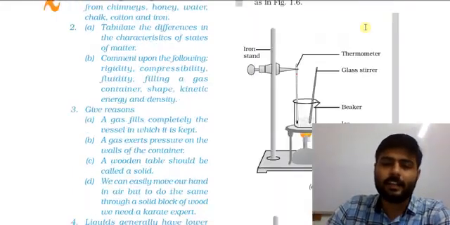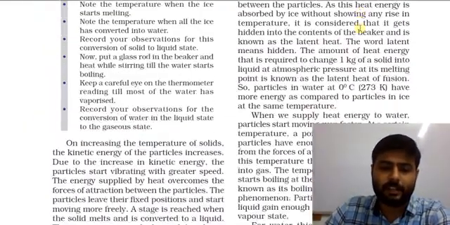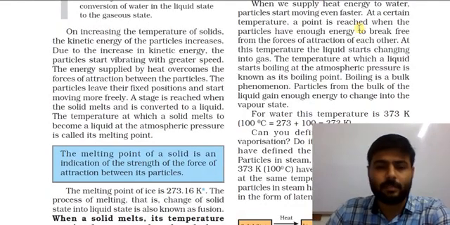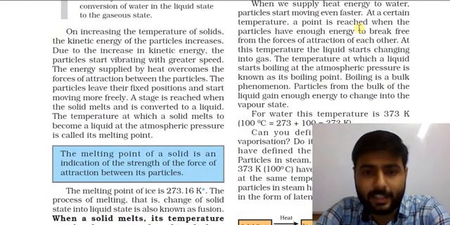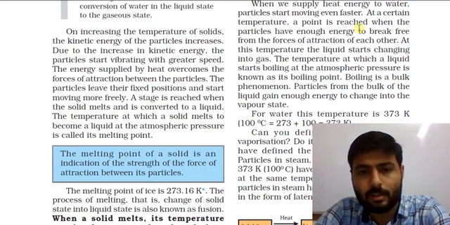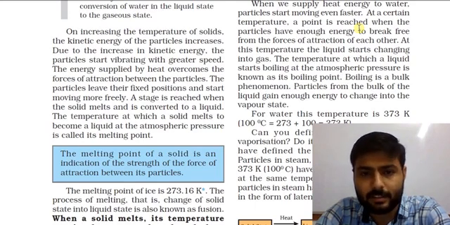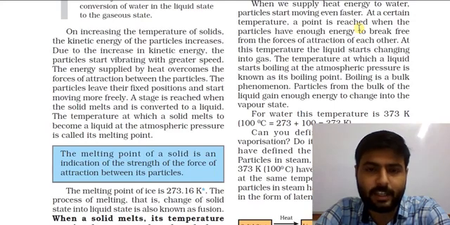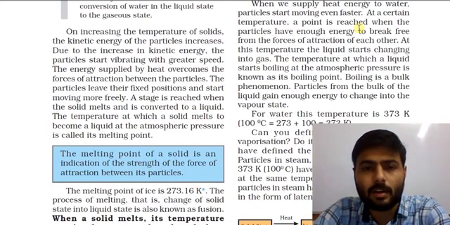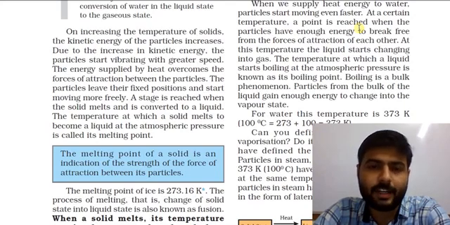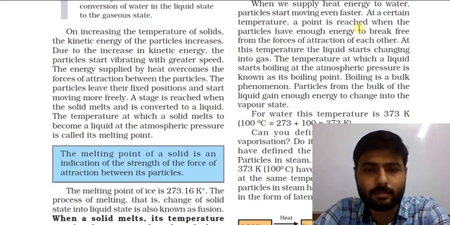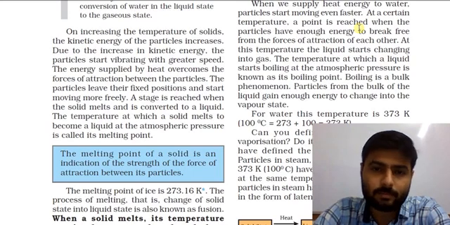and in that experiment we have seen that the temperature is 0 degree centigrade until the whole ice converts into water. So we have seen that there is 0 degree temperature until all ice melts. After that, if we continue to supply heat, what will happen?